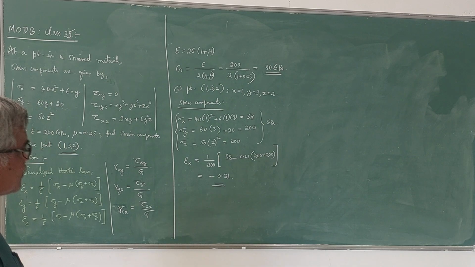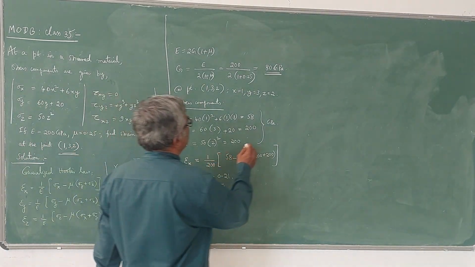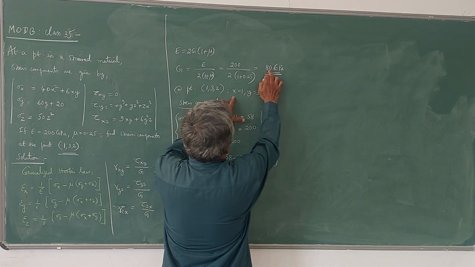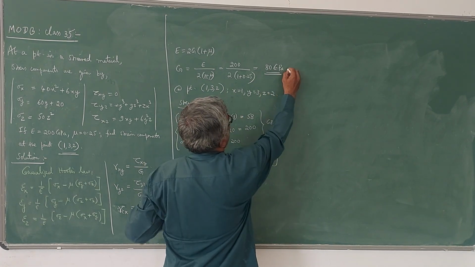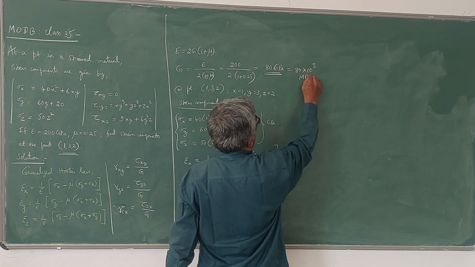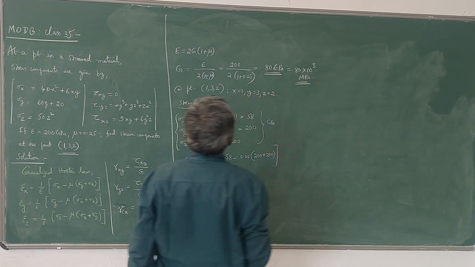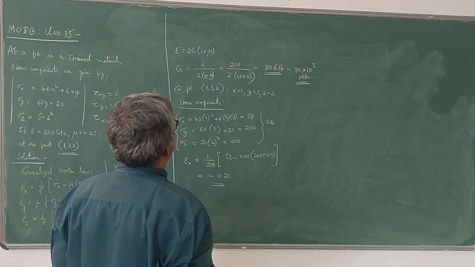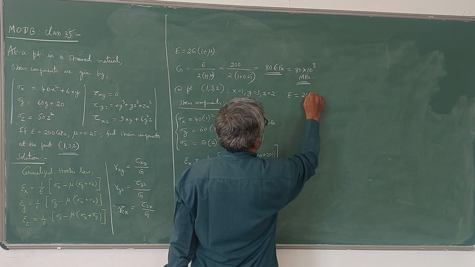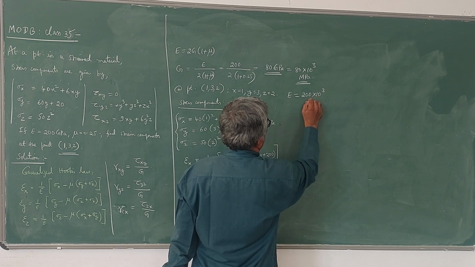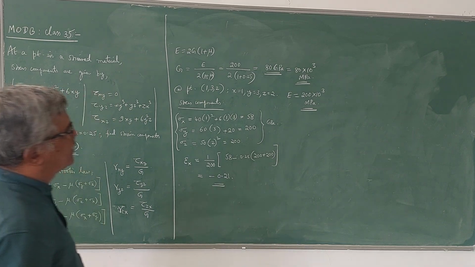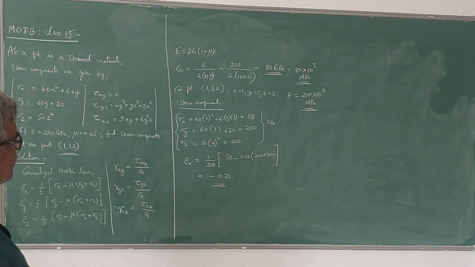So if it is MPa, then G should be 80 into 10 power 3 MPa, and E will be 200 into 10 power 3 MPa. MPa means Newton per millimeter square, which is the standard unit for stress as well as Young's modulus.